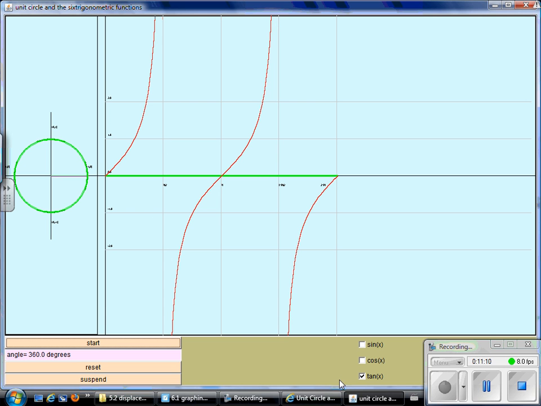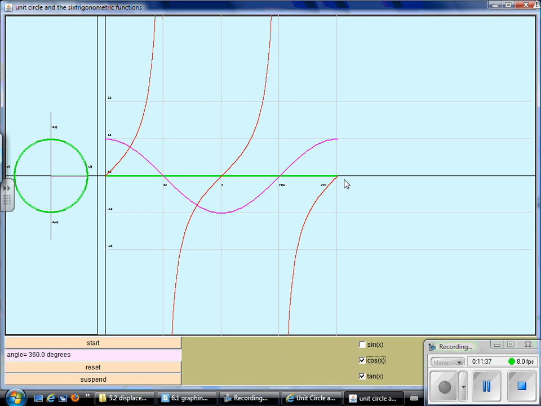Now the reason that happens is because tan equals sine over cos. And cos, in the locations of those asymptote lines, is 0. So it means I would have a sine divided by 0. And we know we can't divide by 0 in mathematics. So that's creating those asymptote lines in those locations.